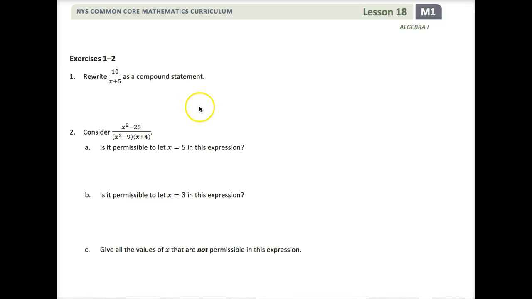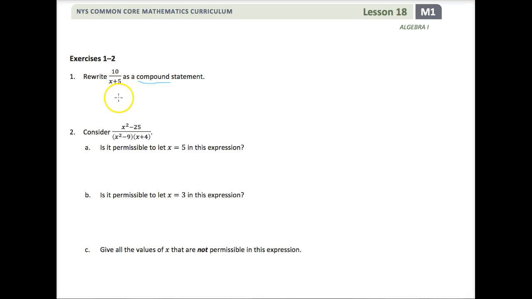Student page 100. Rewrite 10 divided by the quantity x plus 5 as a compound statement. Now we're rewriting it as a compound statement so that we protect ourselves from the division by zero error with a variable in the bottom.